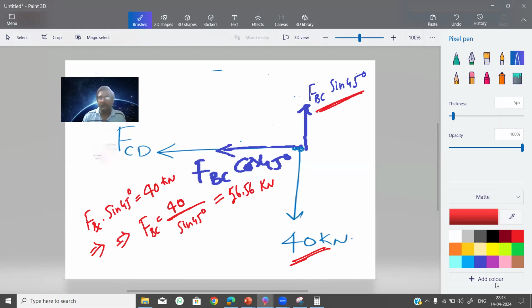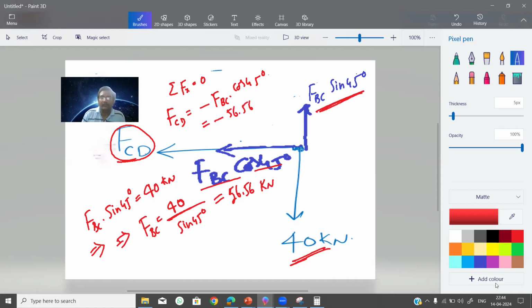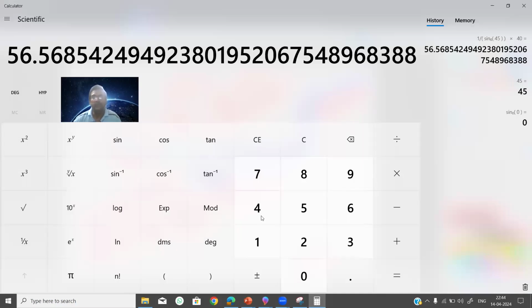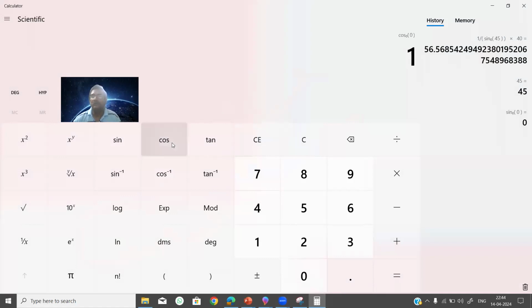Now sigma Fx is equal to 0. I need to apply sigma Fx equals 0. So what are the forces? FCD and FBC cos 45. Both are in the same direction, right? Now FCD is equal to minus FBC cos 45 degrees. So minus 56.56 cos 45 degrees, right? So what's the value?